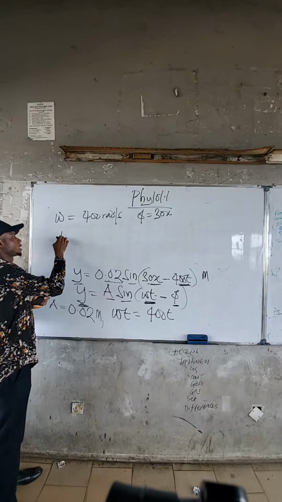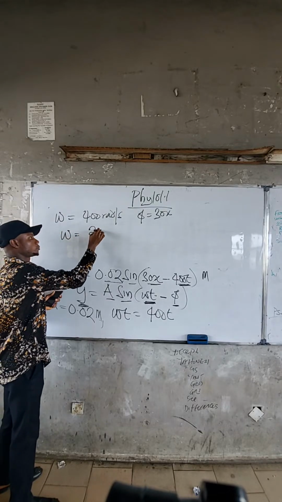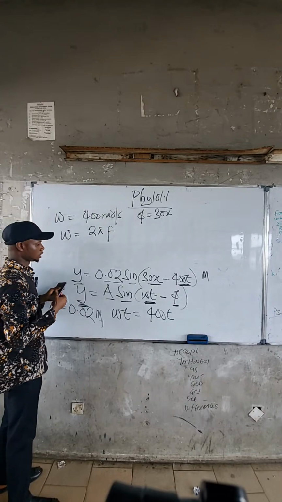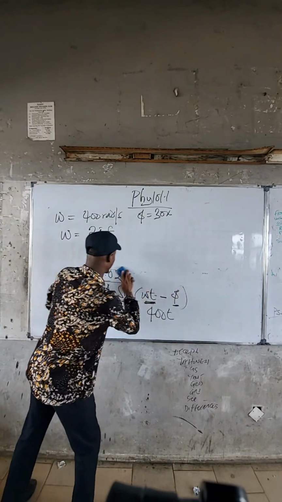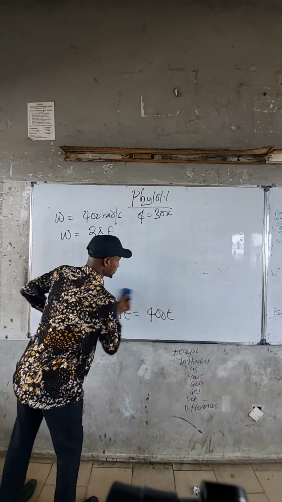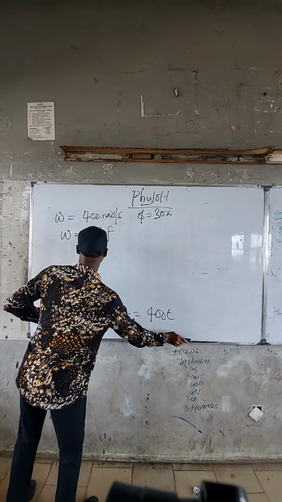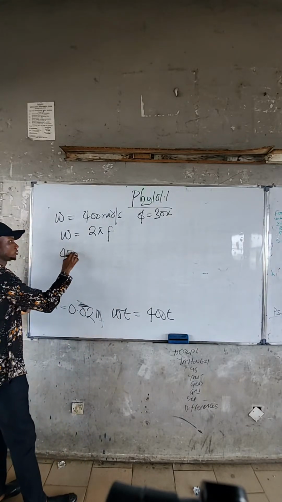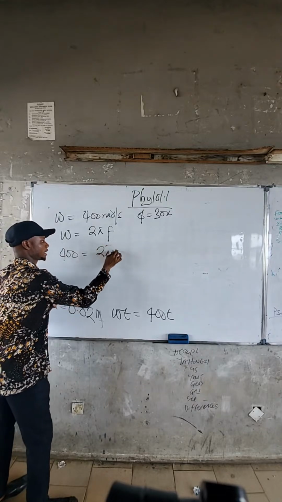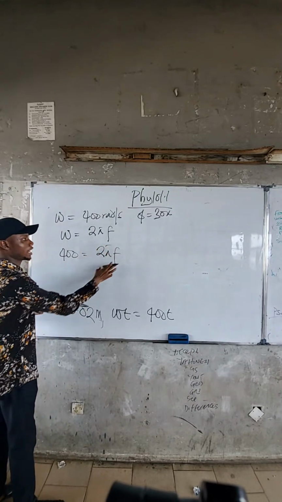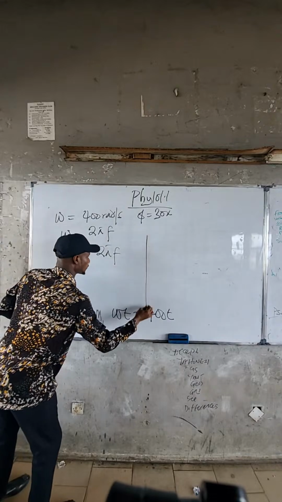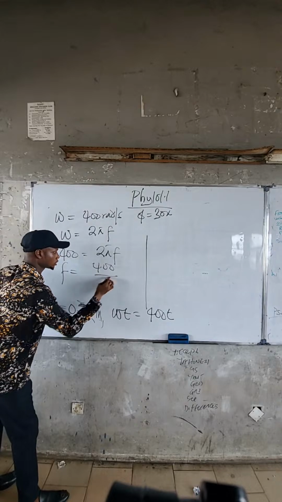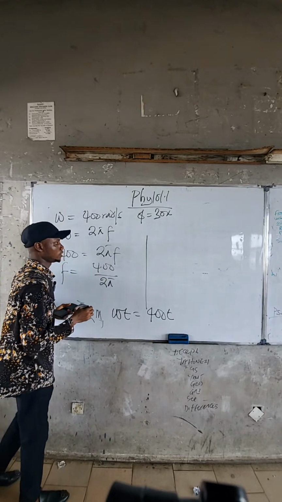Omega is equal to 2 pi f. Please take note. Now let's replace the value of omega. We are going to have 400 equal to 2 pi f. So now let's make f the subject, since we are looking for f. Making f the subject, this will be 400 over 2 pi.